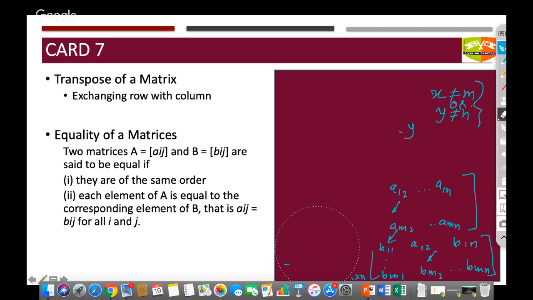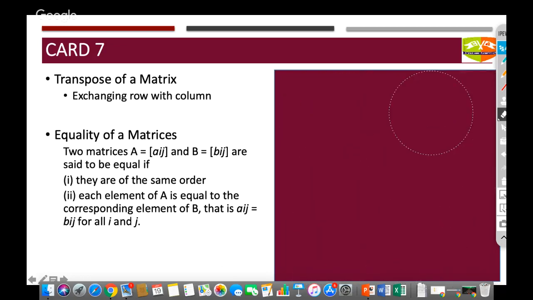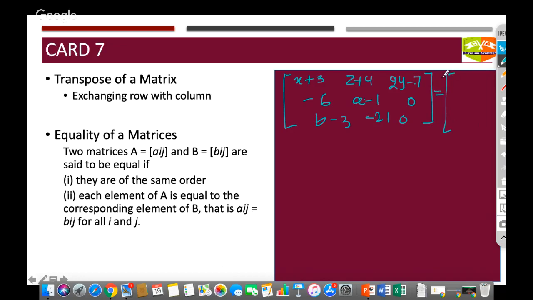Now let me solve a question over here. The question can be taken as, suppose I'm talking about equality, so let me take a question of equality. I am taking a 3 by 3 matrix, where I have to find a few terms.